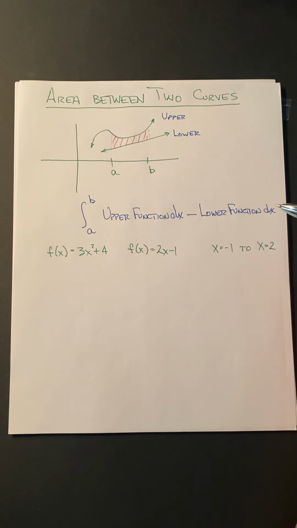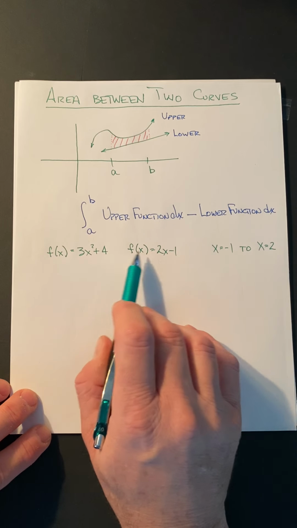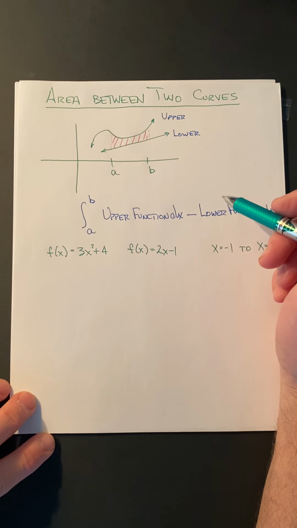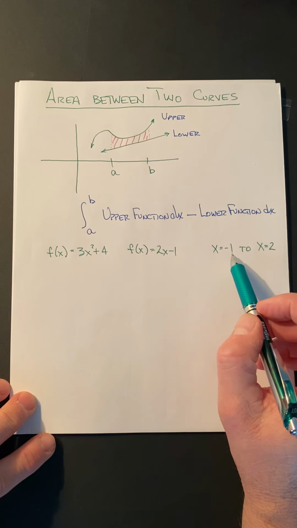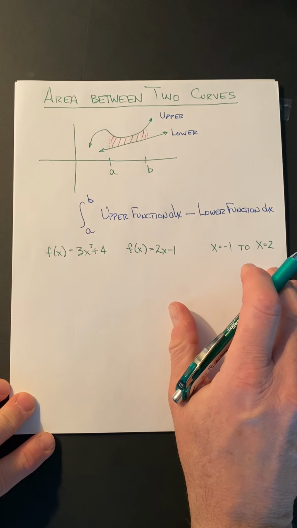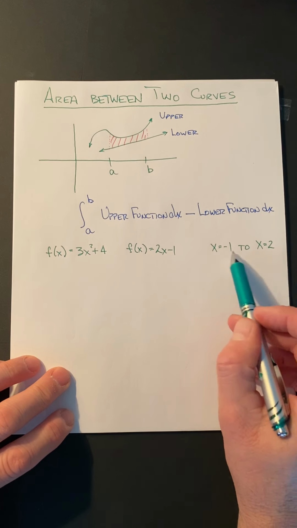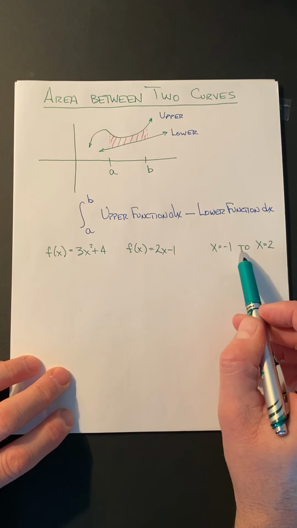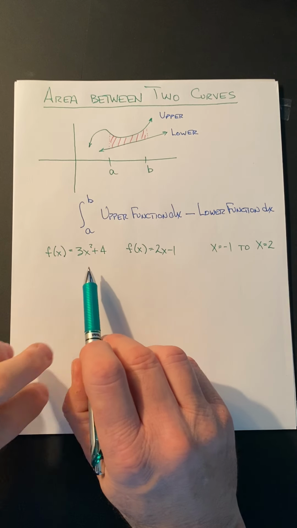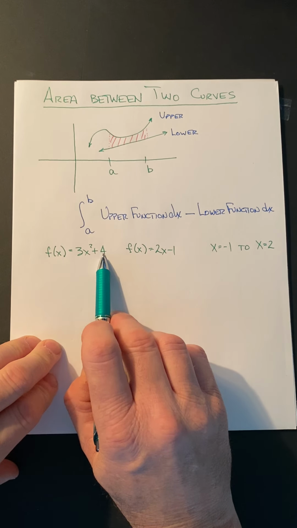So I've got two options here. I can actually go in and graph these two functions and visually see which one is larger, or maybe I can pick a point here and see which one gives me a larger value, okay? So let's just pick 0 because it's in this domain, and it makes my math easy, because if I put in x is 0, this first function becomes a 4.